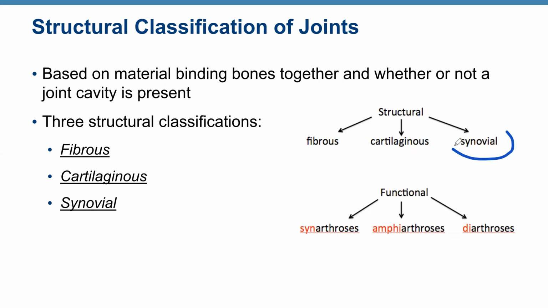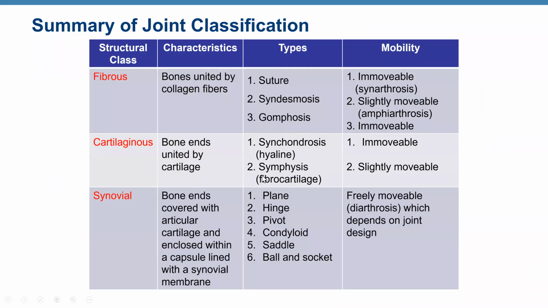Or it will be a pretty complicated joint with formation of a joint cavity and a capsule. That will be synovial. So we will discuss the structure of each joint in more detail in this lecture. But here you can see the classes: fibrous, cartilaginous, and synovial.